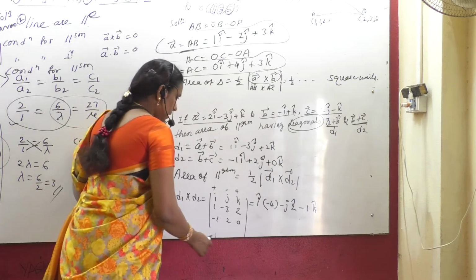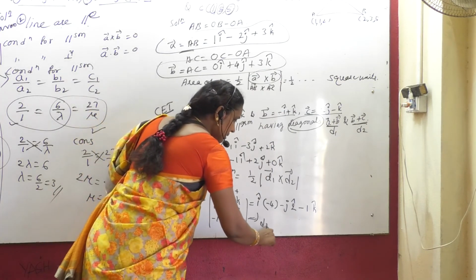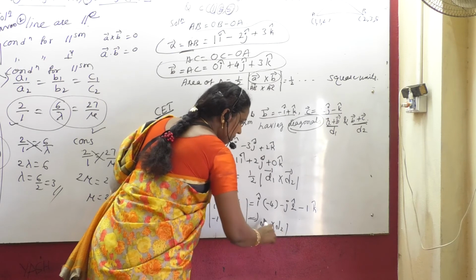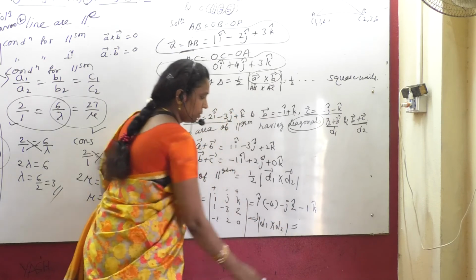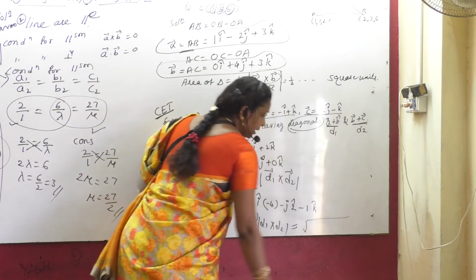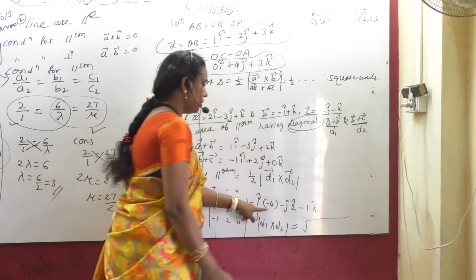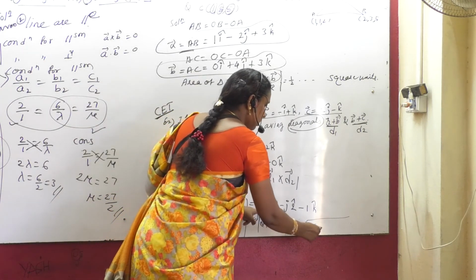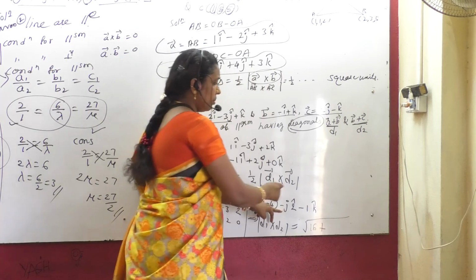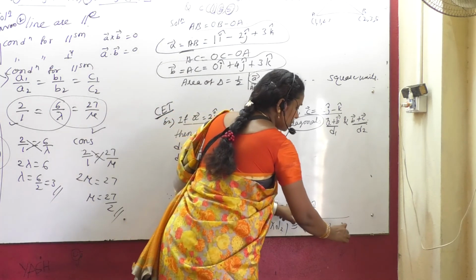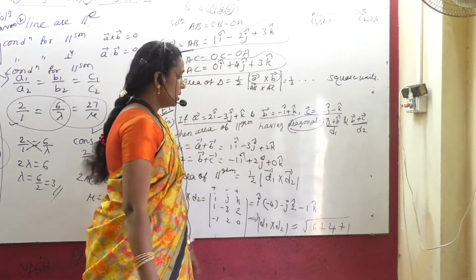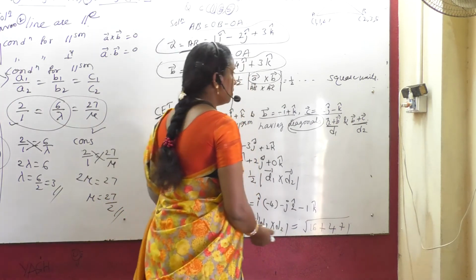Next, the modulus of D1 cross D2 is required. If it is required, what to do? Take the components, square them and add. That's it. Minus 4 squared is 16. Here I am writing directly. Minus 2 squared is plus 4. Minus 1 squared is plus 1. 20 and 1 is 21.